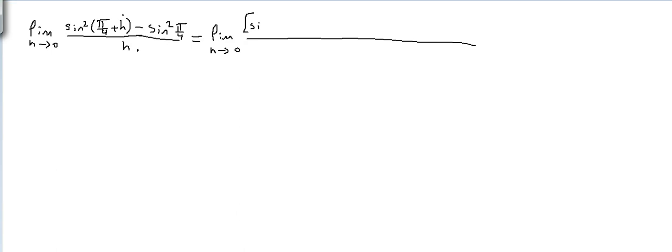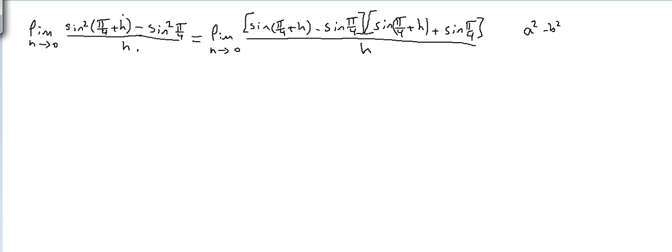It's sine pi over 4 plus h minus sine pi over 4 into sine pi over 4 plus h plus sine pi over 4. And I used this identity, right? A square minus b square, the answer will be a minus b into a plus b.